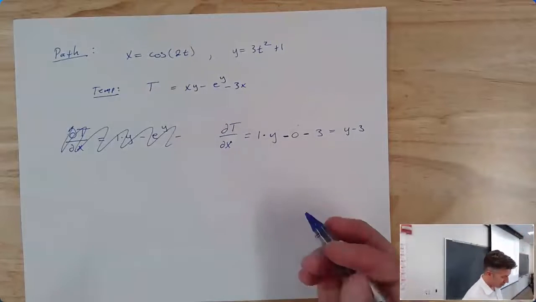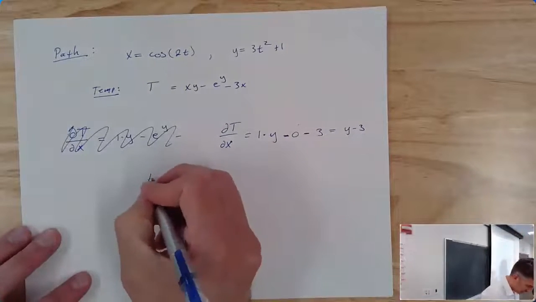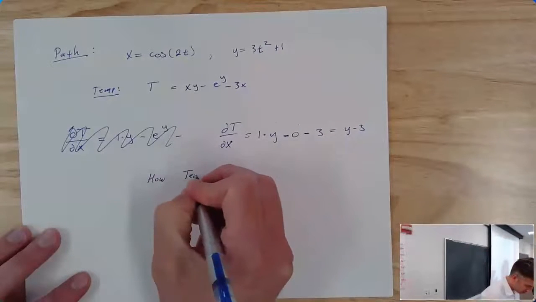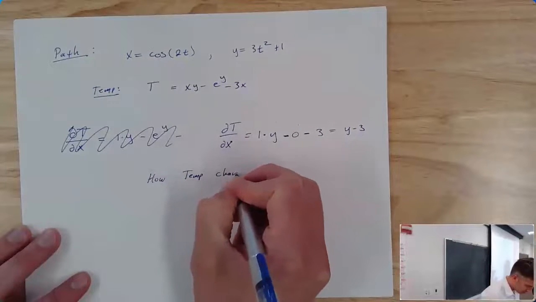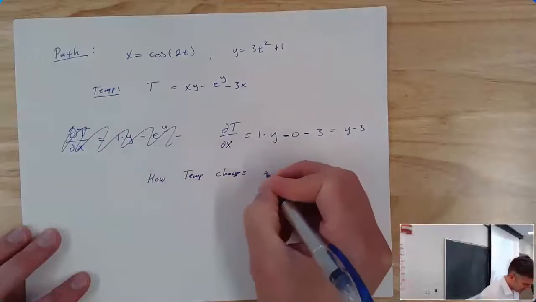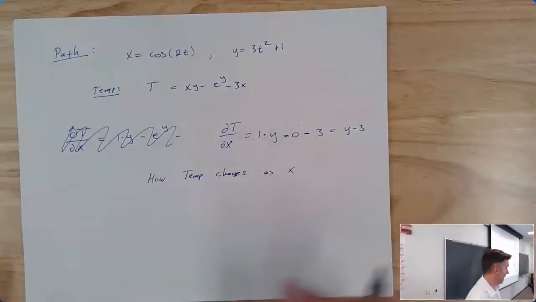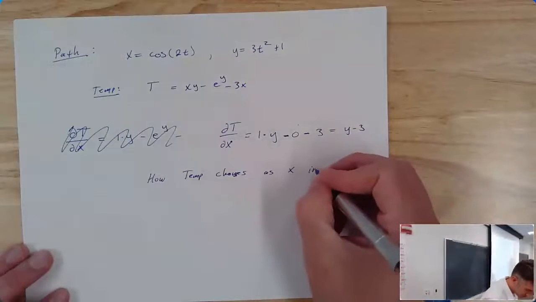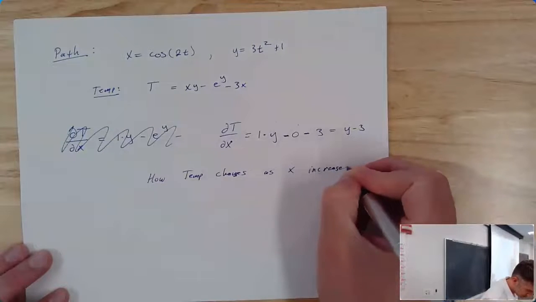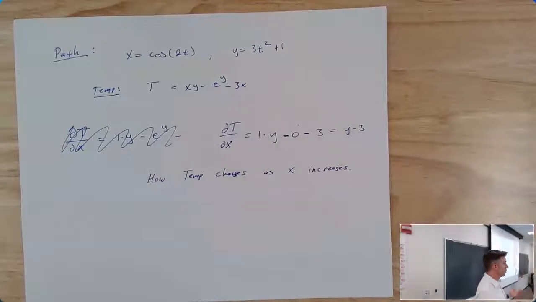So this measures how temperature changes, specifically as x increases. You're asking, as x gets larger, how is temperature changing? That's what your derivatives measure in general: how the top thing changes as the bottom thing specifically increases.